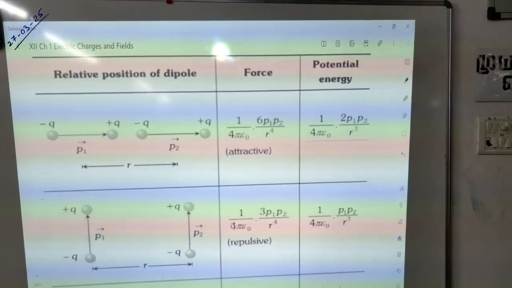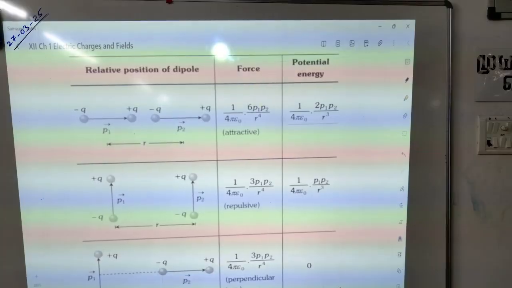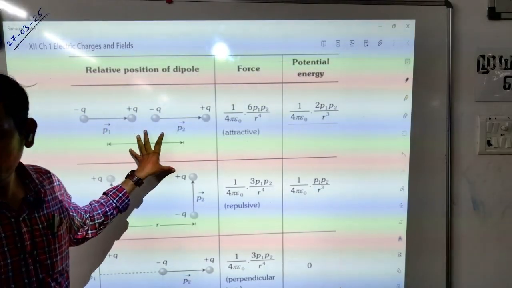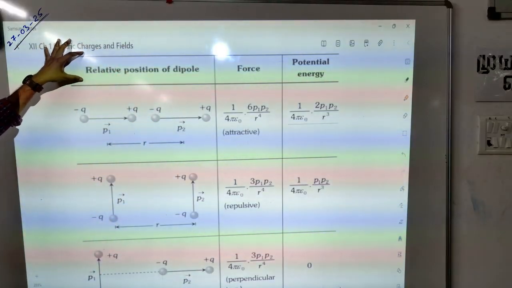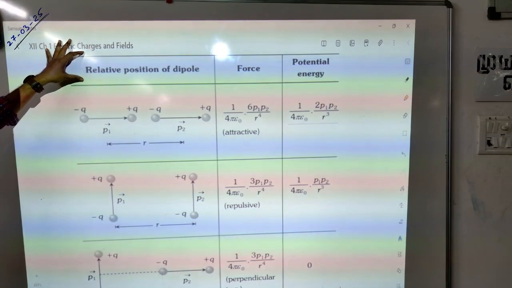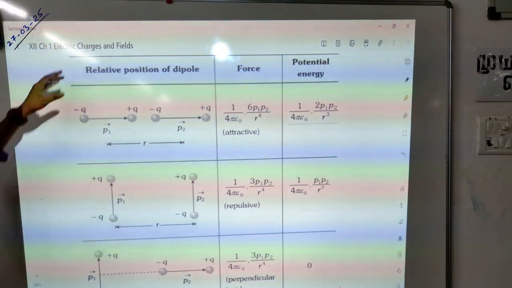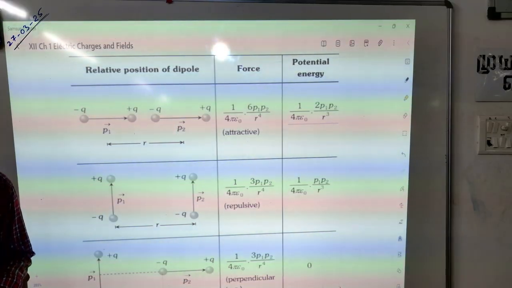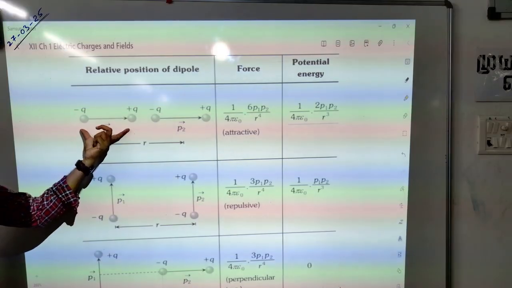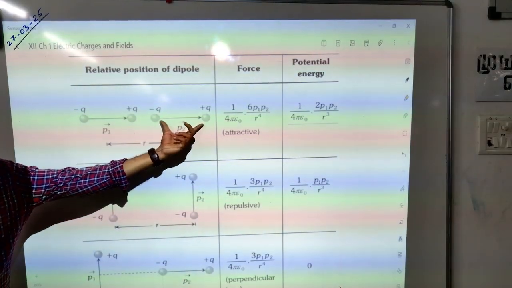It's a dipole-dipole interaction, when you keep two dipoles next to each other. Note down the title, dipole-dipole interaction. I have first dipole, I have second dipole.